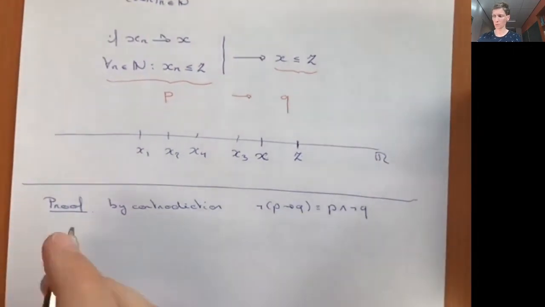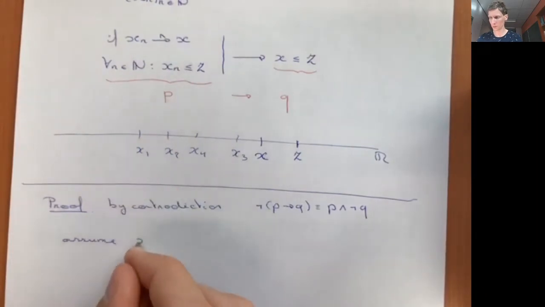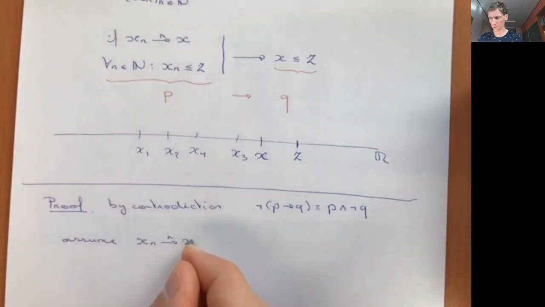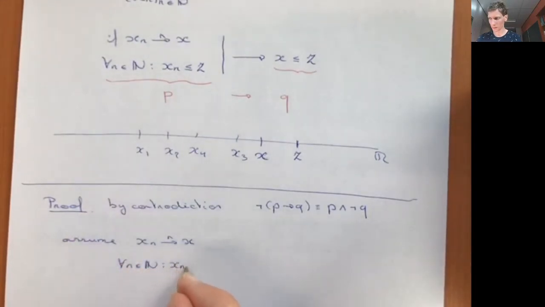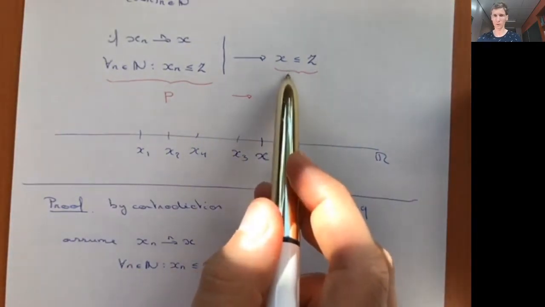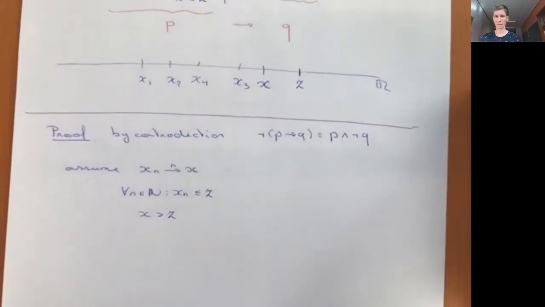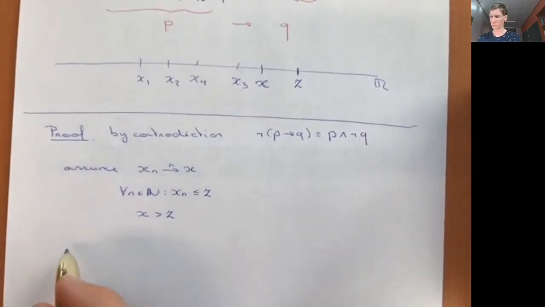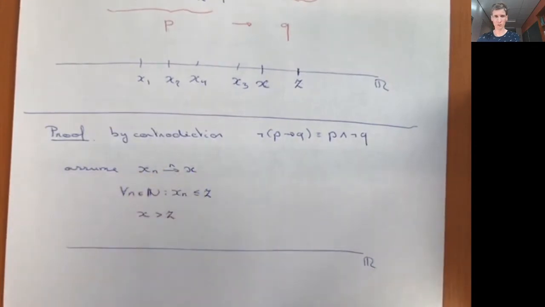The negation of P implies Q, remember, not (P implies Q), is the same as P and not Q. So what do we assume? Assume that P is true, so xn converges to x. We assume that for all n in N, xn is smaller or equal to z, and then we assume that Q is false, so x is bigger than z. If all these things are true, what happens?